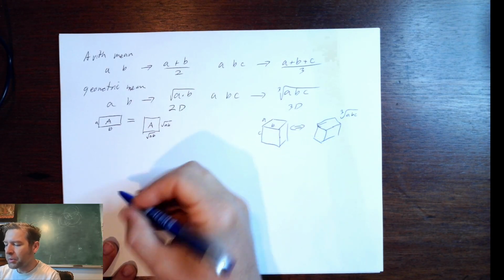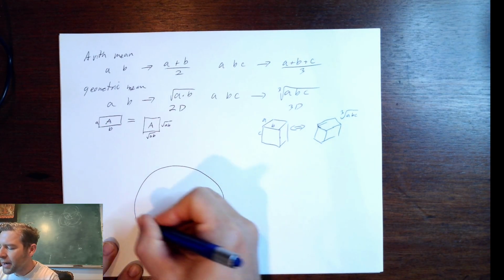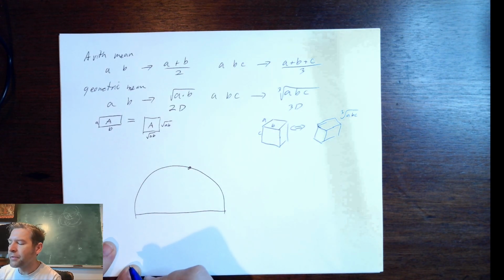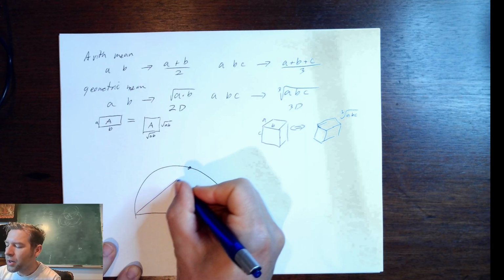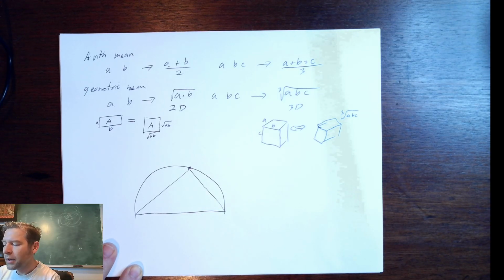So here's the diagram we're going to be playing with, and we'll come back to this page. We're going to consider a half circle. We're going to consider a point on that half circle, and we're going to construct a triangle that goes across the diameter as the hypotenuse and connects to the point.